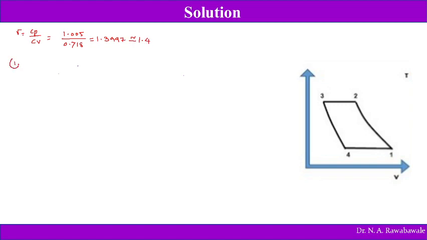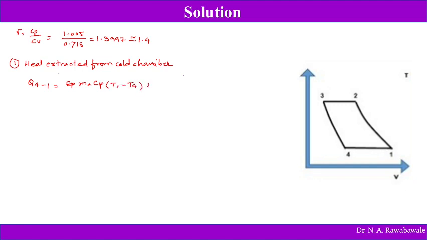So first part we want to find out is heat rejected or heat extracted from the cold chamber. So this is given by Q4 to 1, which is equal to MA Cp (T1 minus T4).